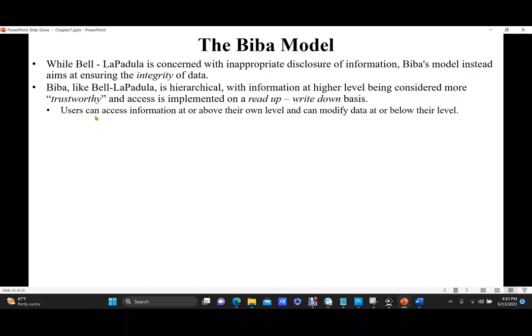Users can access information at or above their own level. They can modify data that's at or below their own level.